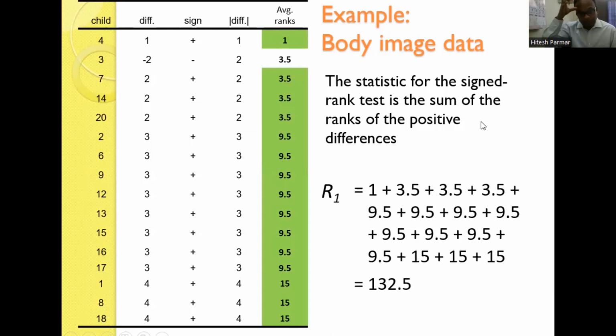Then we need to calculate the total of the positive average ranks. Whatever the sign is positive, we are adding their average ranks and it comes to 132.5, and the negative rank is 3.5. So if 132.5 positive plus the negative rank, what would be the total? Total would be 136.